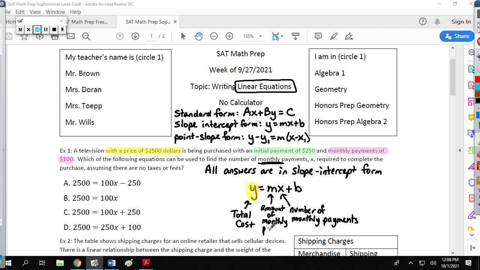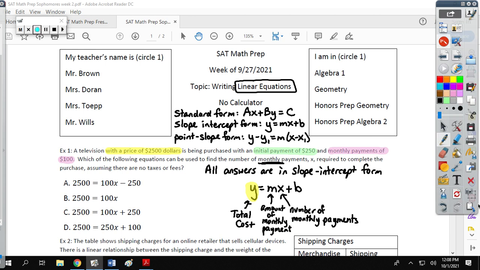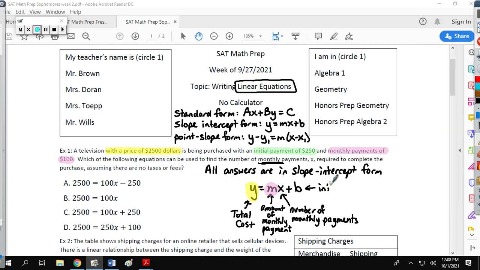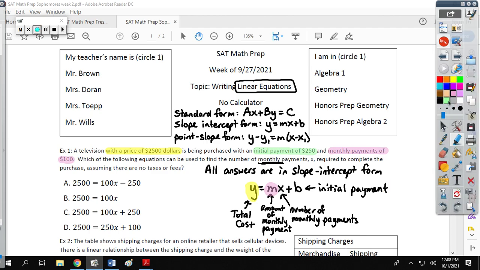So once again, that value is in the problem, and we've highlighted it in pink. So that's where the pink number would be substituted in. Well, that leaves the b value. The b value is representing that initial payment, the amount that's paid the day this television is purchased. So that I've highlighted in green. That's where the green number is going to go in.